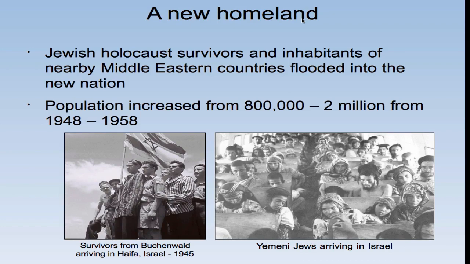Following the end of the war, Jewish Holocaust survivors and inhabitants of nearby Middle Eastern countries flooded into the new nation, which increased the population from 800,000 to 2 million between 1948 and 1958. This also definitively tilts the demographic balance in favor of the Jewish inhabitants.